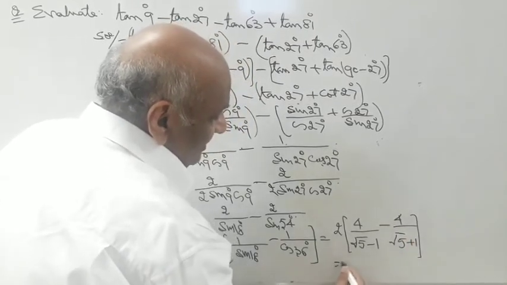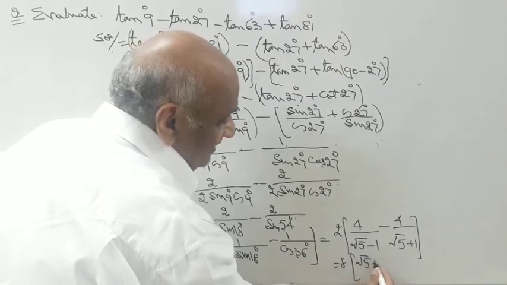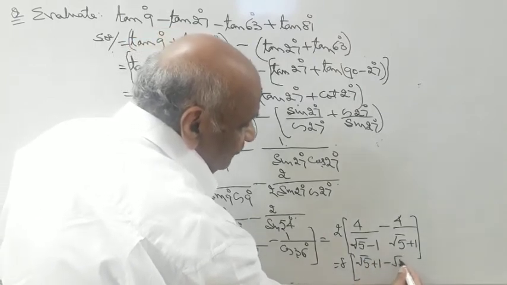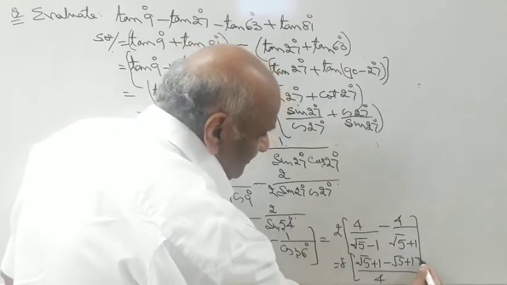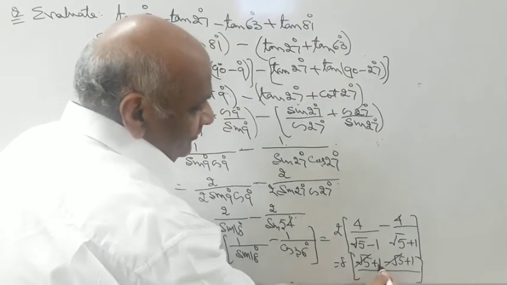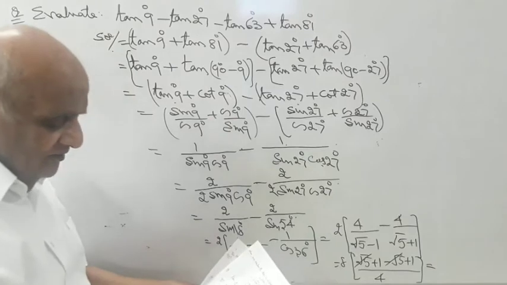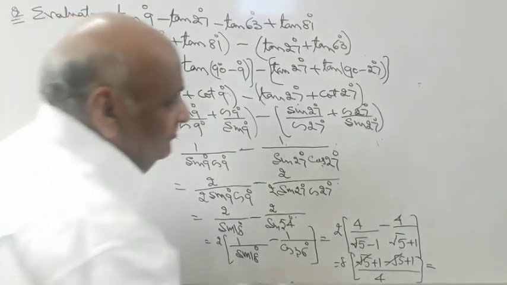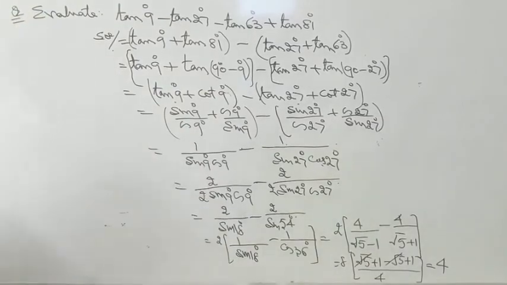Now 8 is common, take the LCM, root 5 plus 1 minus root 5 plus 1 upon 4. So this will go, it is 1 plus 1, 2, 2 will cancel out. The value you will get on the right hand side is equal to 4. The value of this expression is 4.